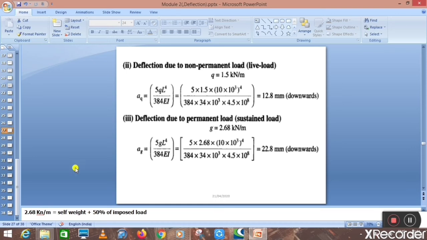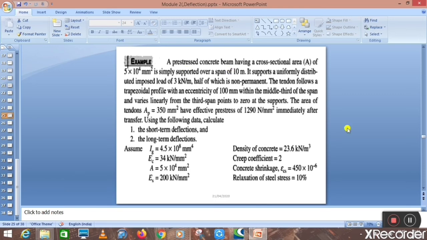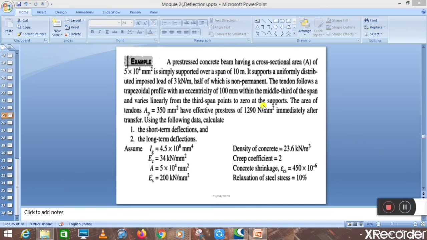So the self weight of a member will be around 1.12, plus we need to add the 50% of the live load. See here, out of 3 kilonewton per meter, only half of the load is a non-permanent load. Then the remaining half will be in the form of permanent load.